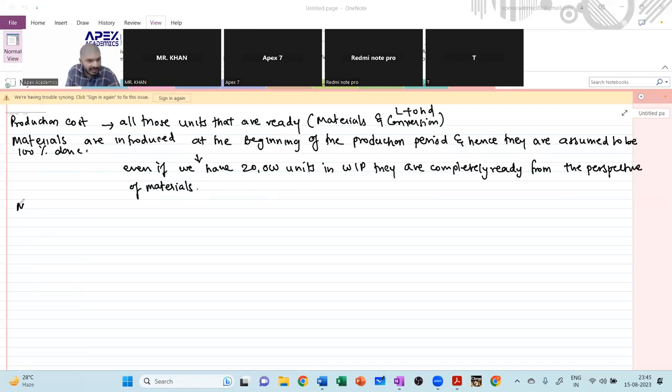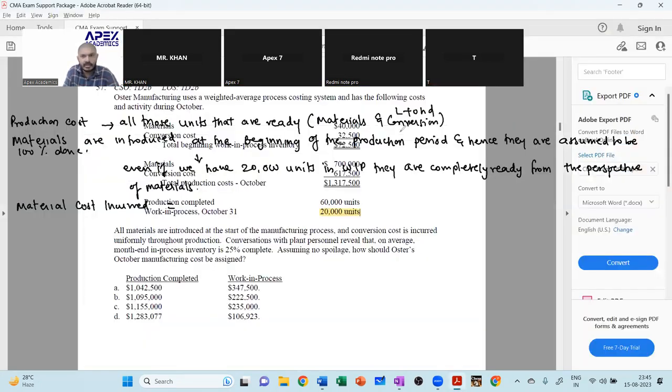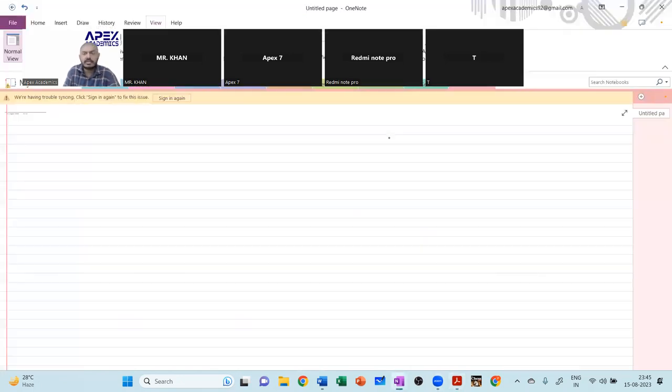Now, what is the material cost incurred? Material cost incurred can be clearly seen here to be 40,000 and this 7 lakhs. This is the material cost incurred.